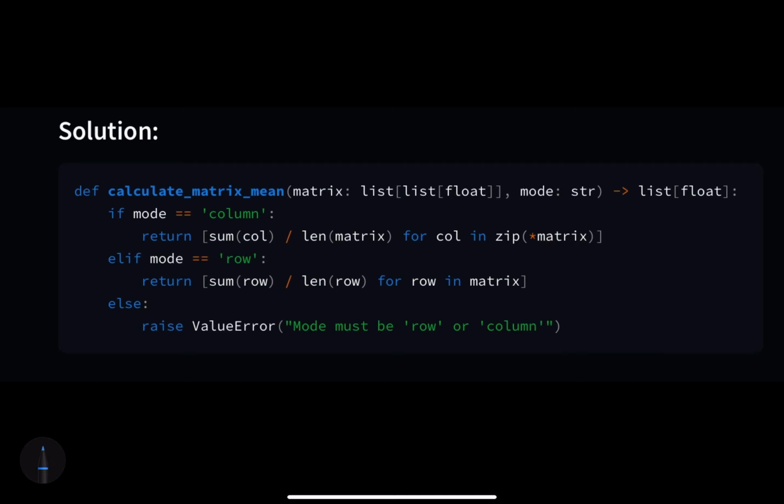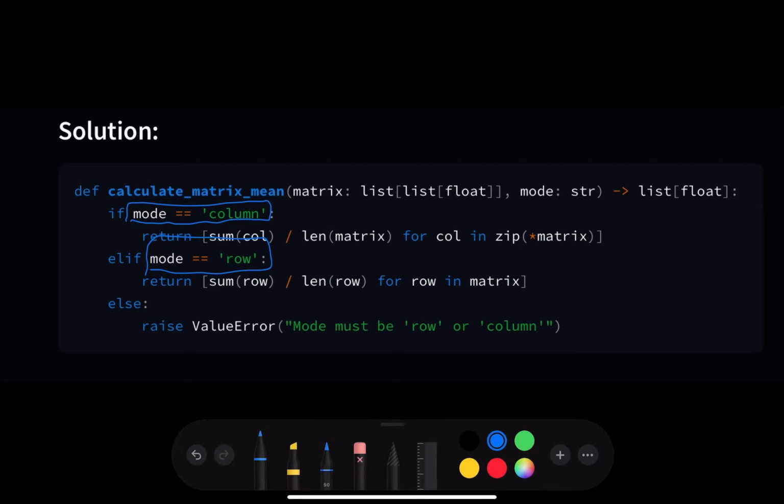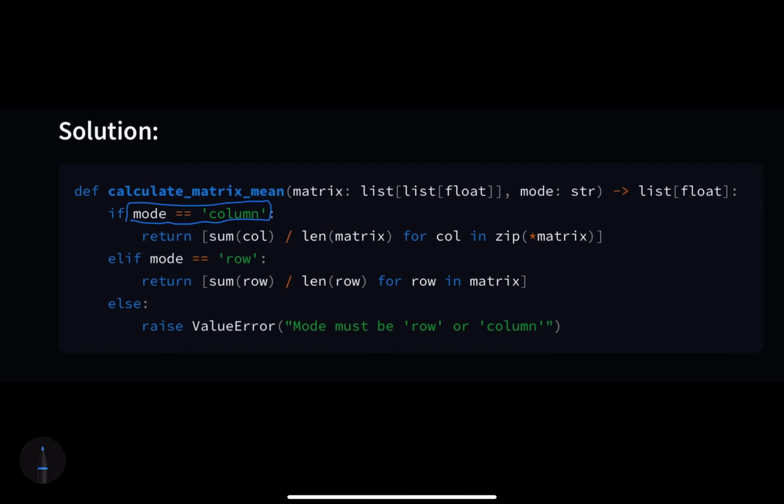It's relatively straightforward. First, we determine if the function is asking for a column mean or a row mean. If we're asking for the column mean, the interesting part about this is the zip star matrix.